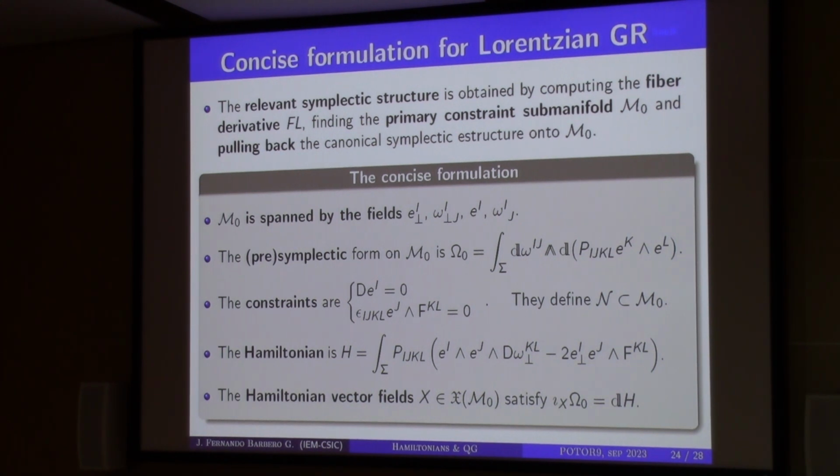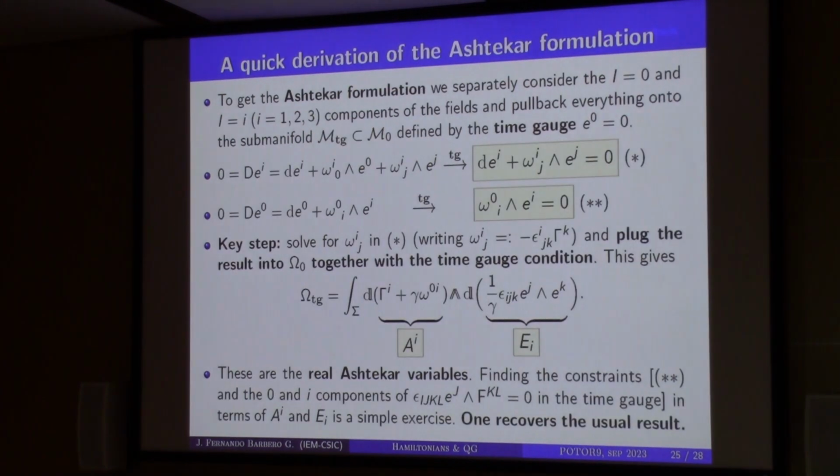This defines these constraints on manifold that Glenn was asking about, that is really where the dynamics happen. This is a Hamiltonian, which vanishes on it, and the Hamiltonian vector fields are obtained by solving this equation. I can give you the explicit form, but it's not very illuminating, so I will not do it here.